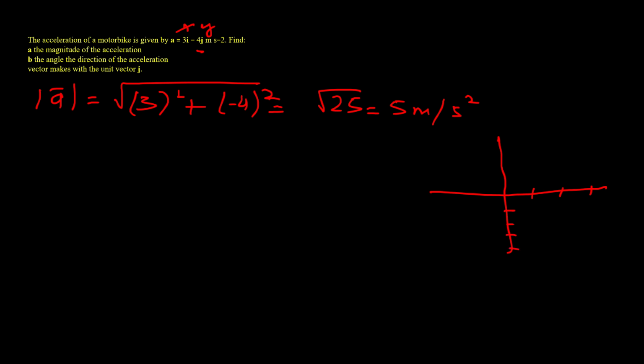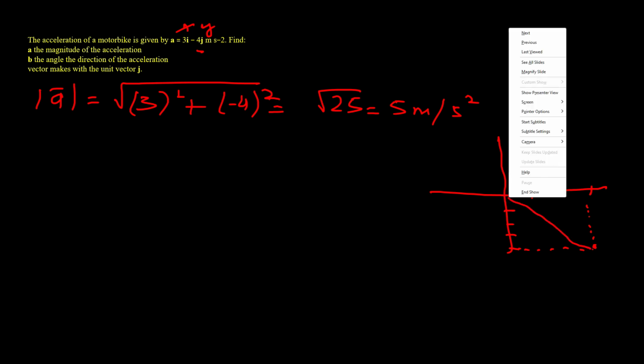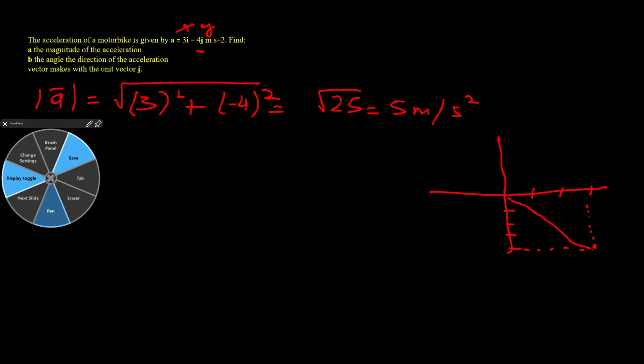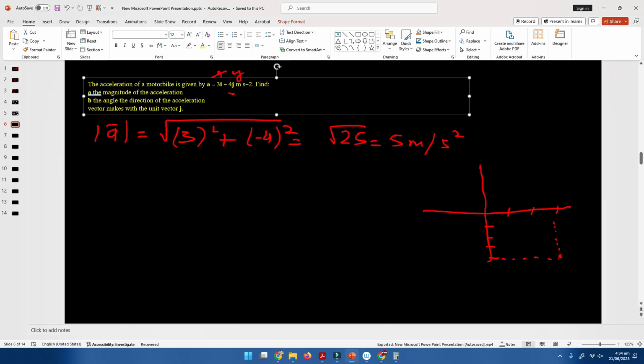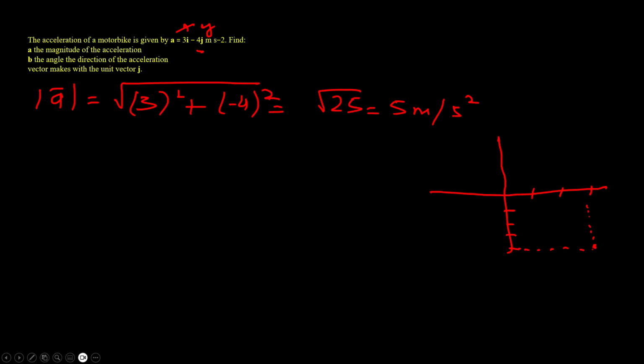This is the point where these x and y components combine, so the resultant acceleration vector will have its direction something like this, where this is the x component and this is the y component.